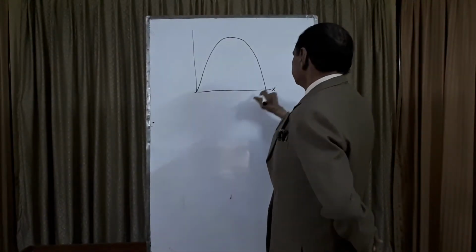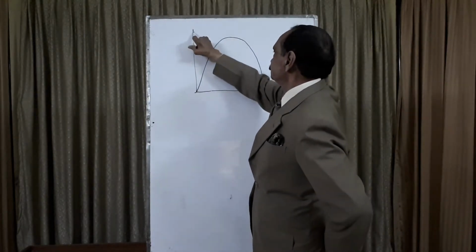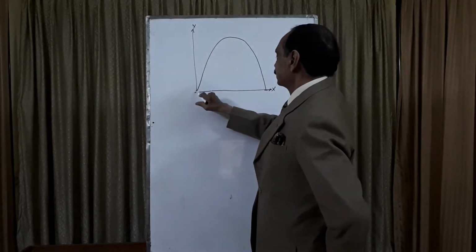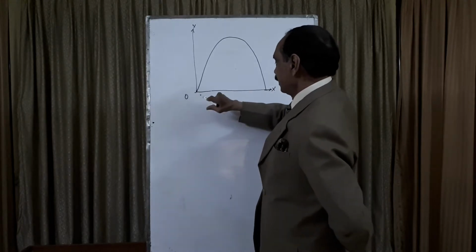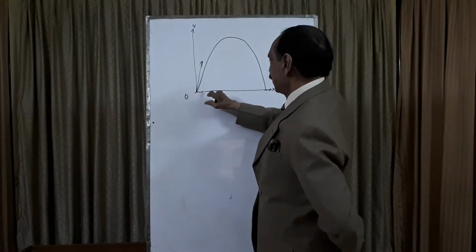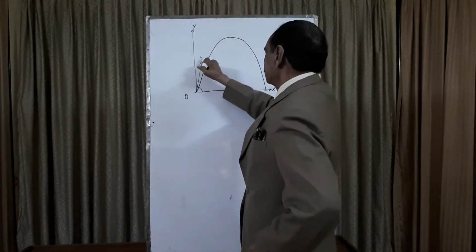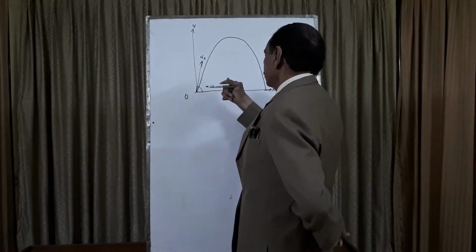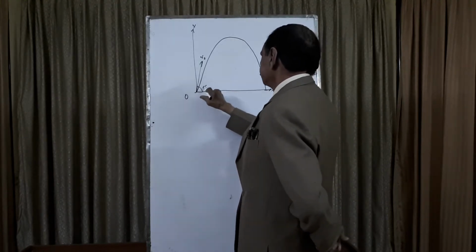X-axis, it is y-axis, and the projectile launches its motion from the origin with initial velocity v0, and the angle the initial velocity of projection makes with the x-axis is alpha.